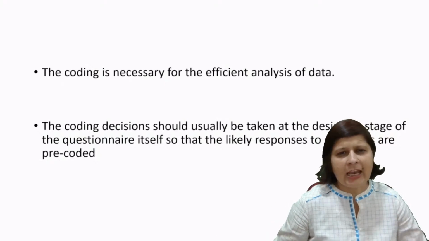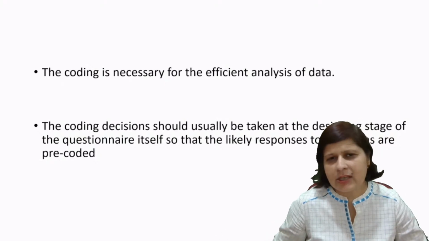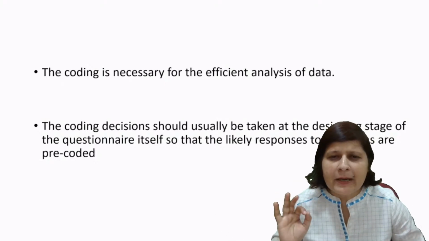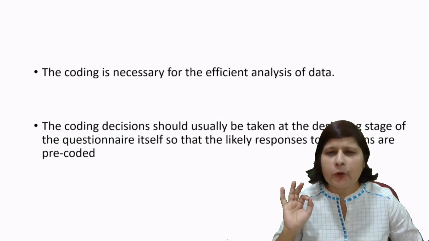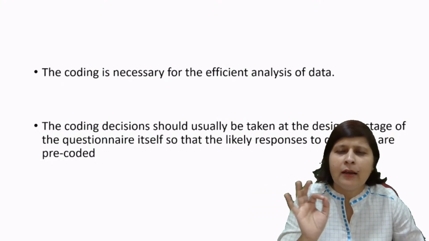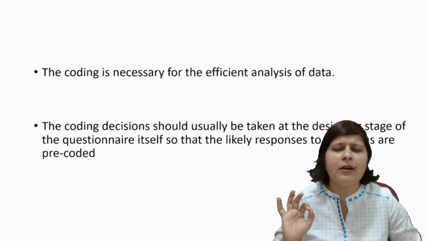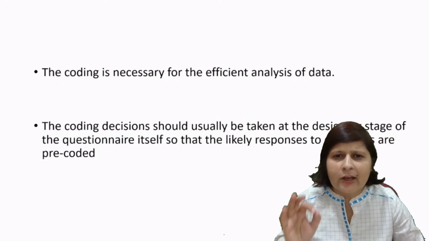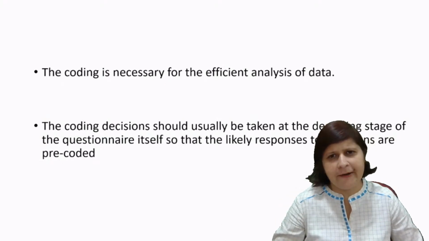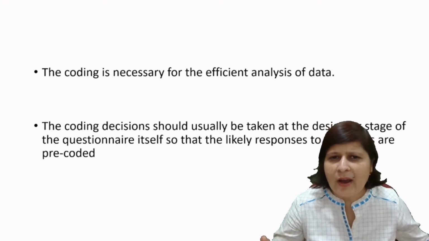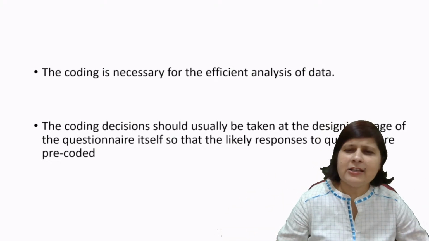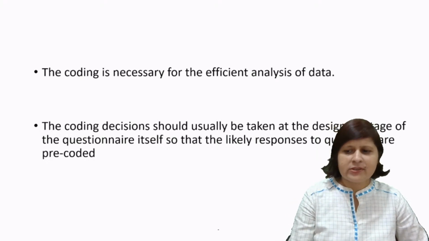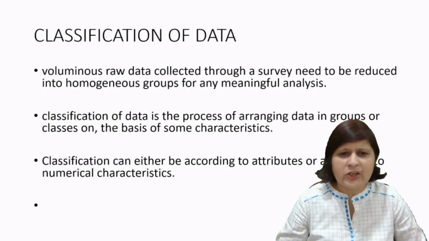Whenever you are making the categories or whenever you want to code something, it should be pre-decided. It should be decided while you are developing your questionnaire, so that you can record your answers accordingly. So if you want to make categories for your data, it should be decided at the stage of preparing a questionnaire.